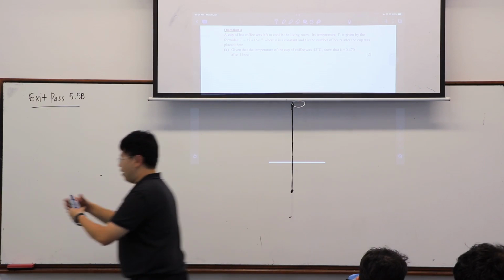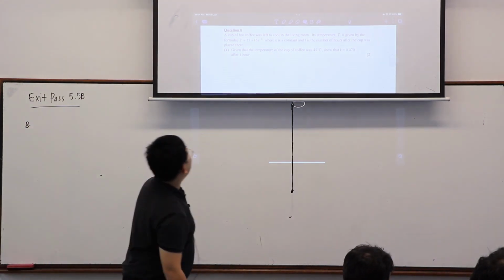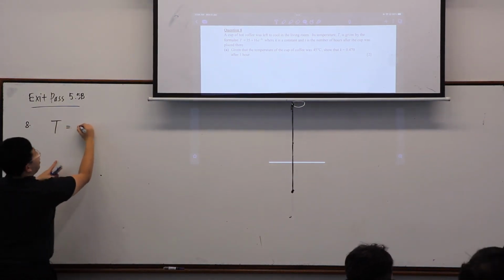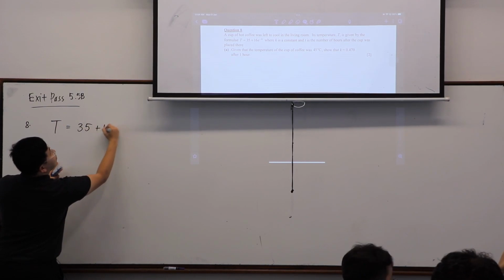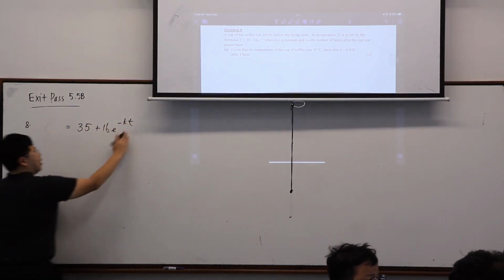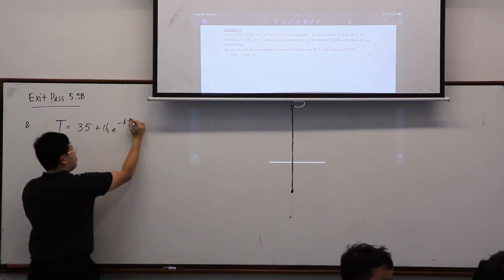So let's do Question 8. What is our relationship over here? It is a relationship between temperature and time: temperature big T and the time small t. Big T and small t, so be careful.